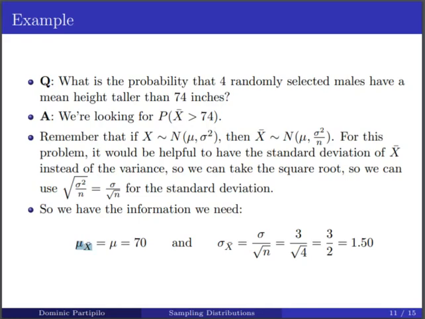Remember, the mean of X bar is going to be the same thing as the mean of X, and that was 70. And then the standard deviation of X bar, we just found out that that was sigma over the square root of n. So that's going to be 3 over the square root of 4. So that's 3 halves. So that's 1.5.